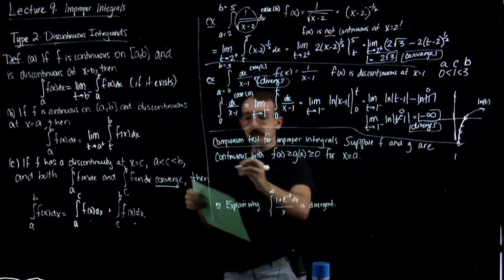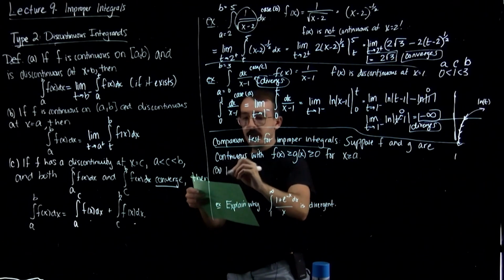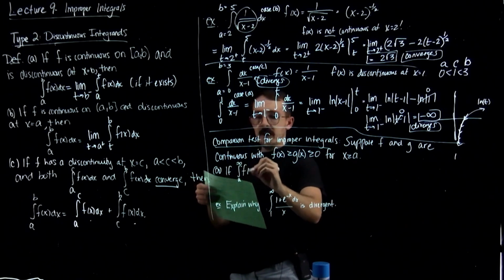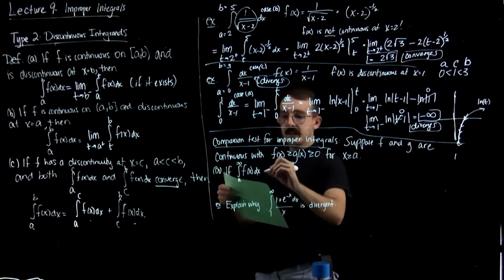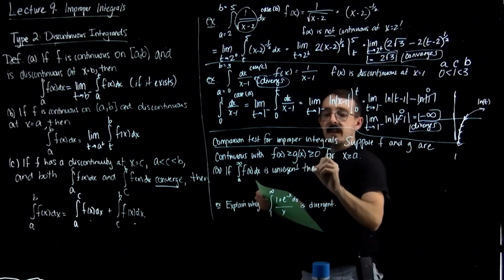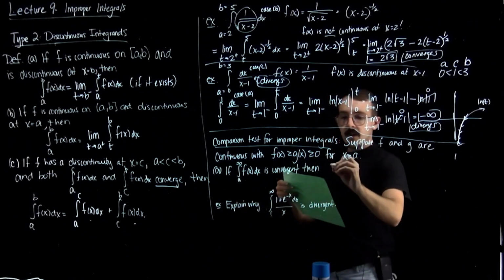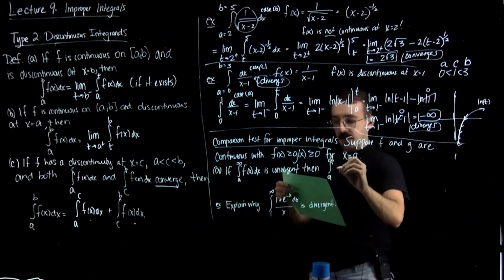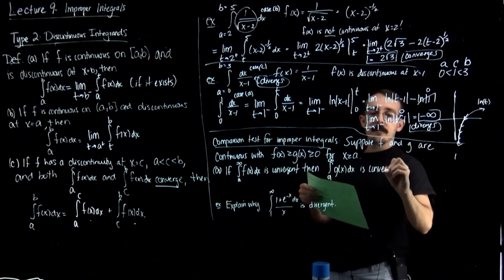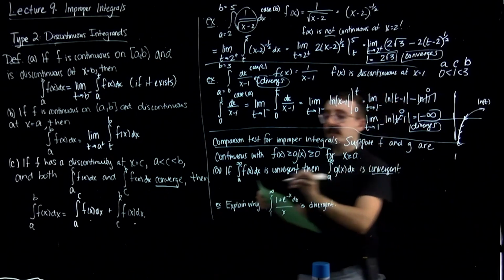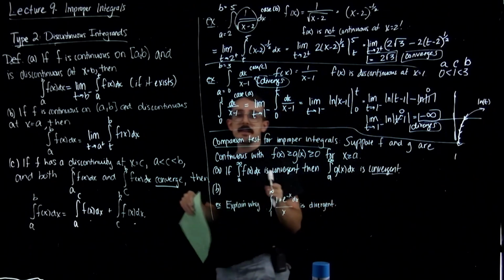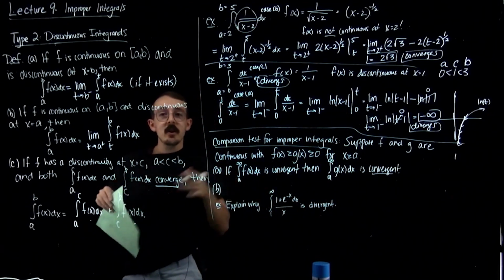Then there's two things that you will know for sure. So if you know that the integral from a to infinity of f of x is convergent, then this lets you know that the integral from a to infinity of g of x is convergent as well. So this is kind of a theorem that lets you know what happens in relation to the other one based on which one is larger than the other one.